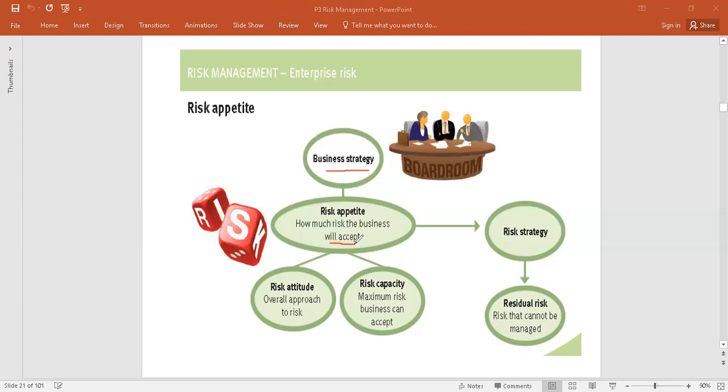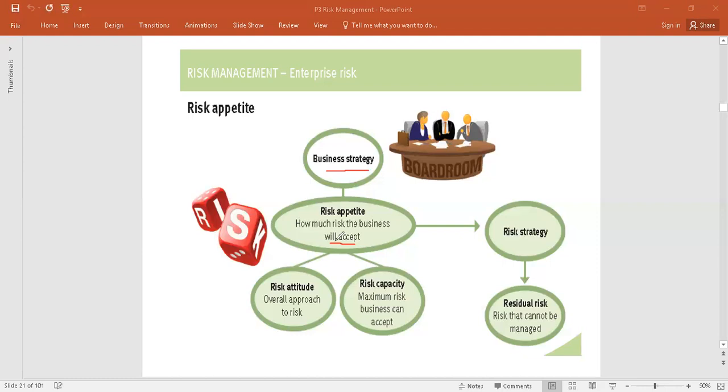See, some of them may not survive even after a small amount of loss. Some of them can still bounce back, stand up and continue with their activities. So their appetite has to be taken into consideration: how much risk the business will accept or be able to bear. If everything is fine, with no negative impact, definitely they would have a competitive advantage and better returns.